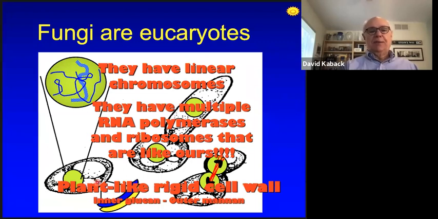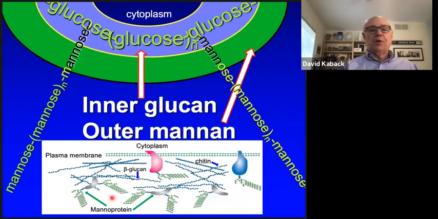For example, they have a plant-like rigid cell wall. That rigid cell wall is comprised of two layers: what we call the glucan layer, which sometimes has chitin in it but is usually made up of a glucose polymer, you can see it here, and an outer layer that is a mannose polymer.